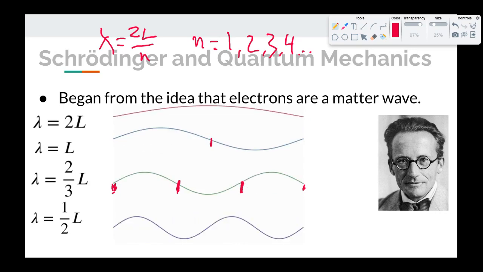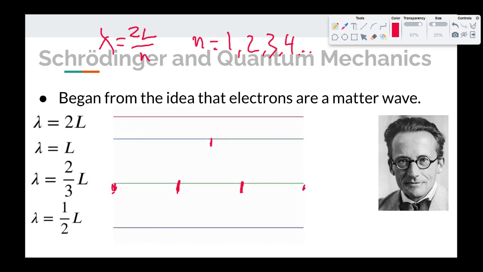So this is the wave function for a one-dimensional wave.